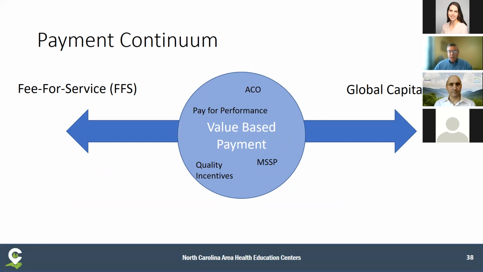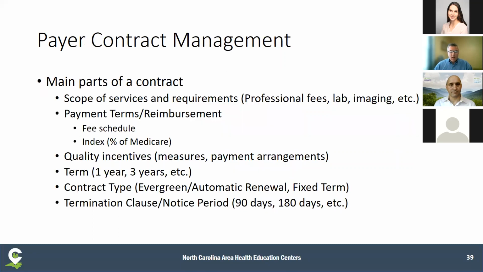So it's important to really understand the variety of contracts you might have, and understand what is entailed in each one of those contracts. And to do that, you really have to honestly look at the details of your contracts. The scope of services, what's included. Is it just professional fees, or is lab and imaging included? Other specific service arrangements that might be carved out in a particular contract.